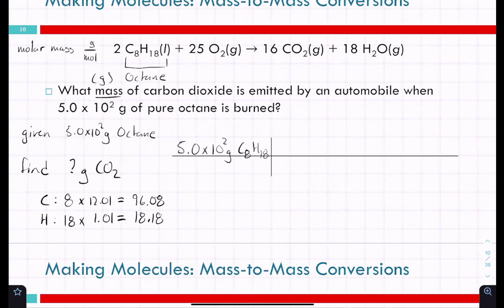And then we add those two together for a total mass, I'll write it like this, of 114.26 grams per mole. So molar mass is inherently a conversion factor between moles and grams of a substance.